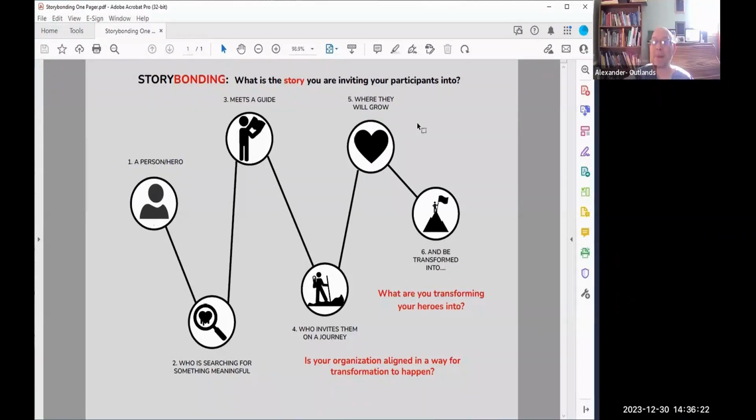Our Pelicans, our service area, is really struggling with this right now because service isn't as well defined in our kingdom, at least. They haven't really looked at how we want people to grow in service, or what we want to transform people into.